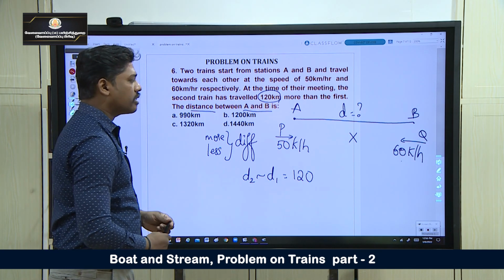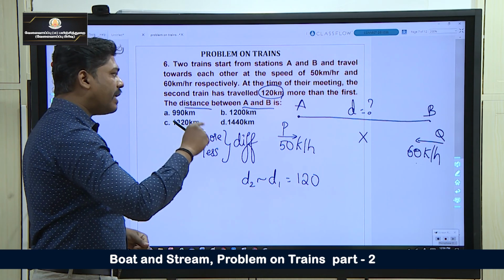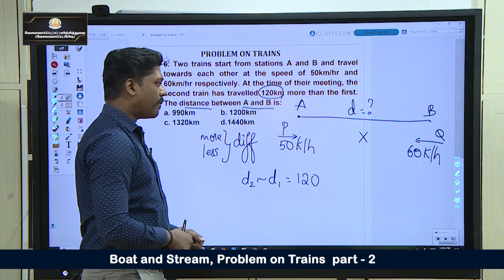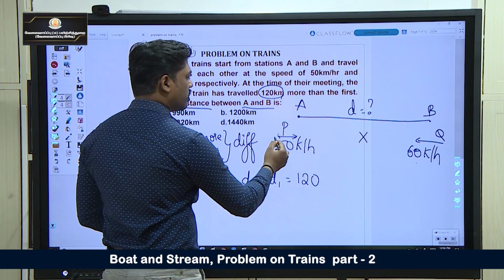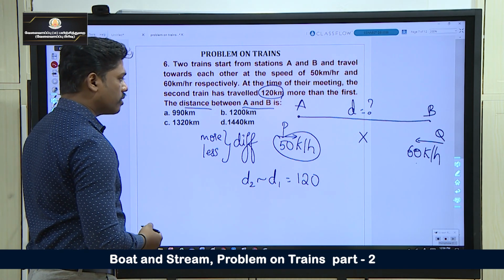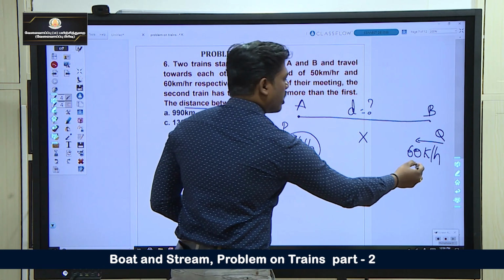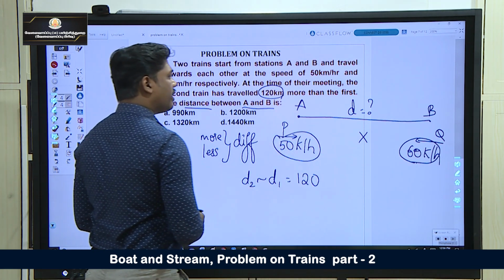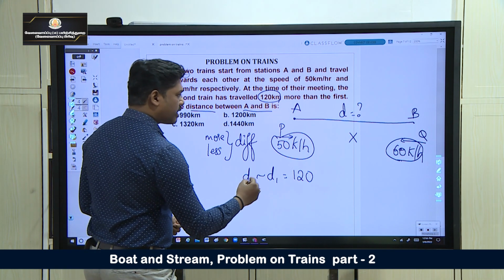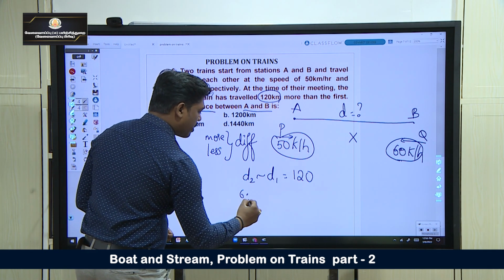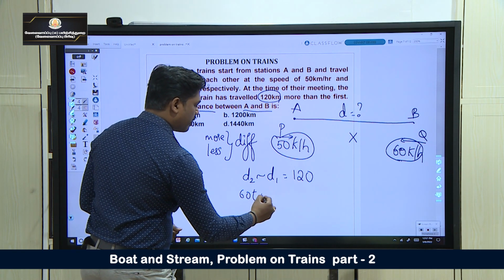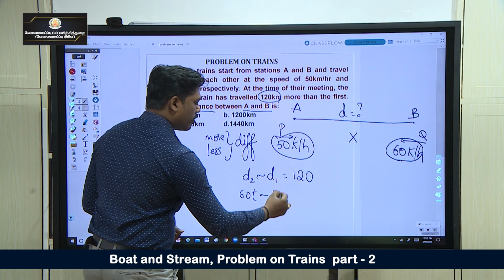What is distance? Distance is equal to speed into time. So what is the speed here? Speed here is 50, and here it is 60. The time taken we can find out, so write it as t. So 60 into t minus 50 into the time taken.